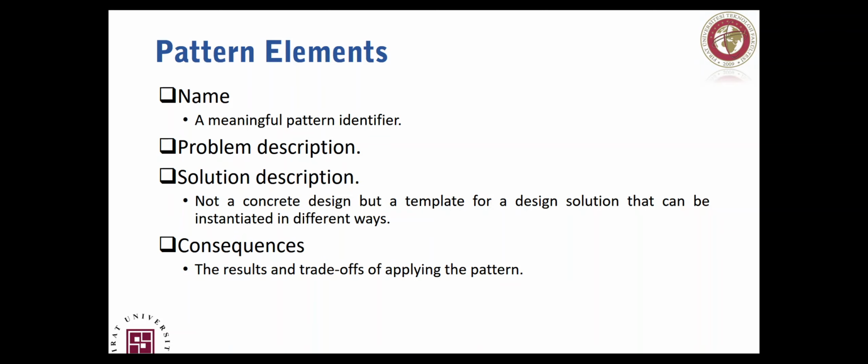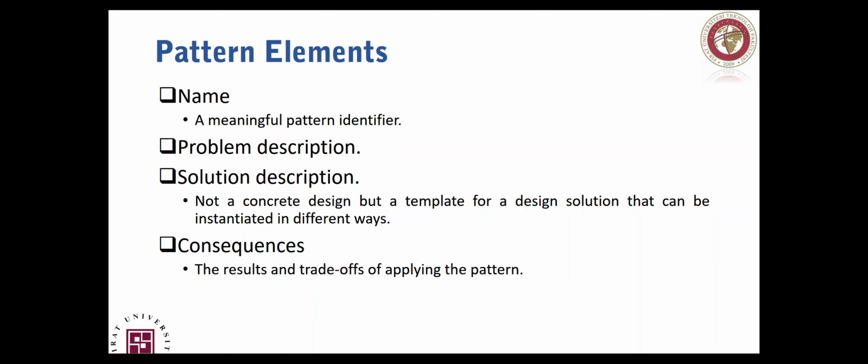What do we have when we explain a design pattern? First of all, we have the name, a name that makes sense, that gives you the idea of what this design pattern is all about. Then a general problem description, and a description of the solution. Usually we don't give you the whole design, or the whole way of writing code or designing your own system.